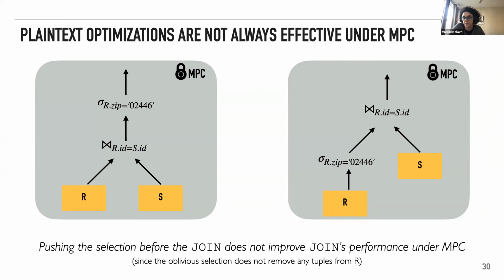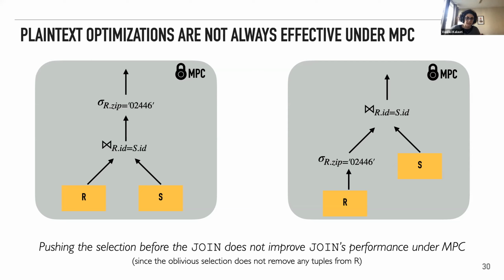Exactly because the selection will not get rid of any input rows, these 2 plans will produce the same amount of tuples under MPC, right? So this is not effective.